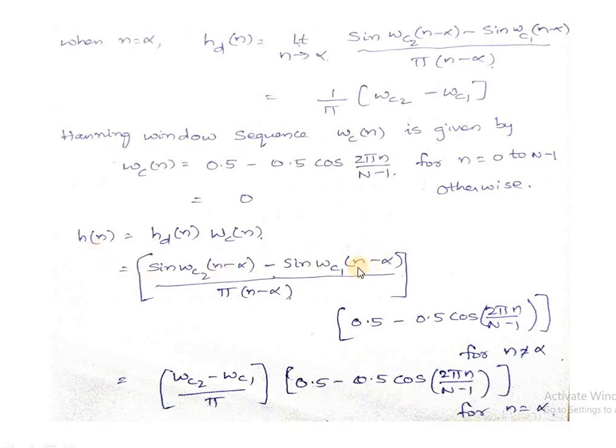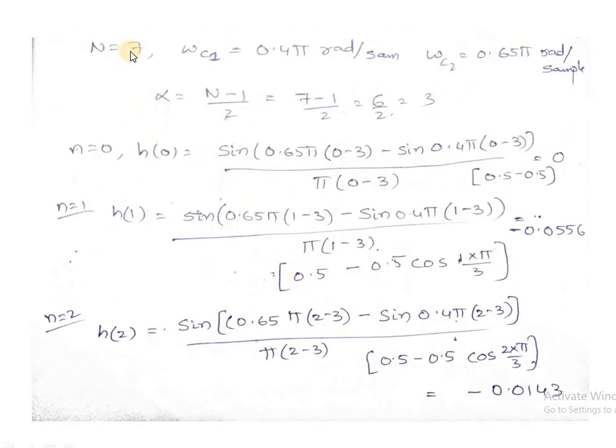I substitute different values of n from 0 to 6 in this case, and alpha is identified as n minus 1 by 2, which is equal to 6 minus 1 by 2, which is 3 in this case.